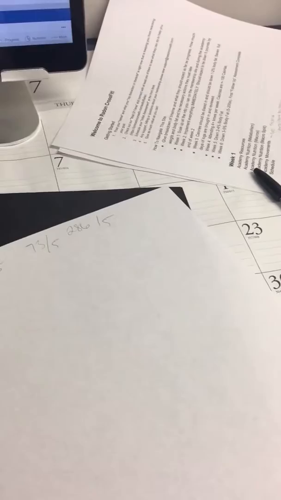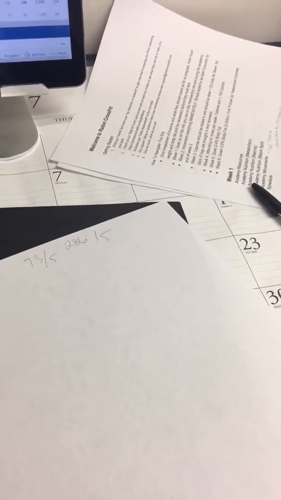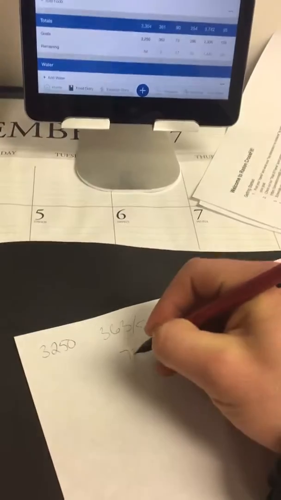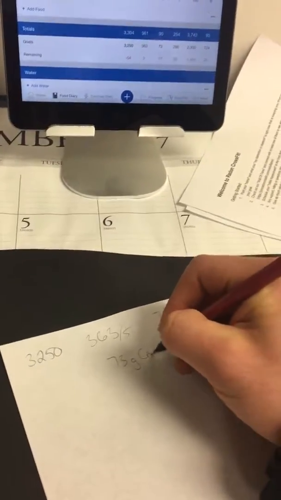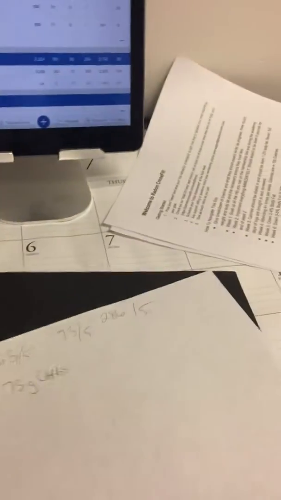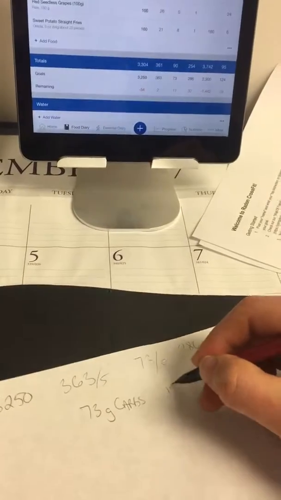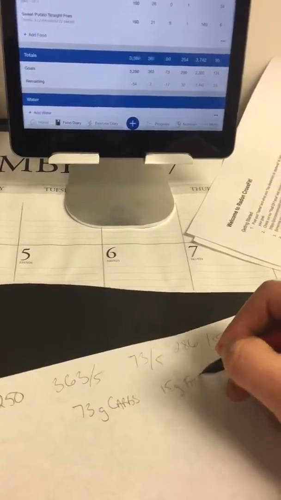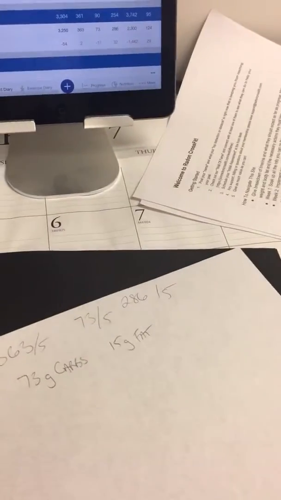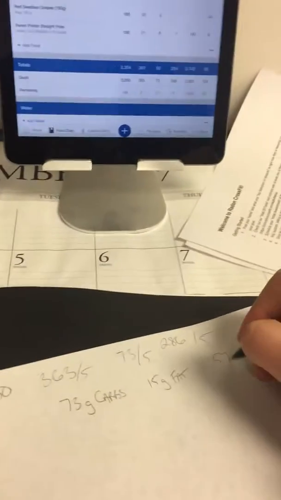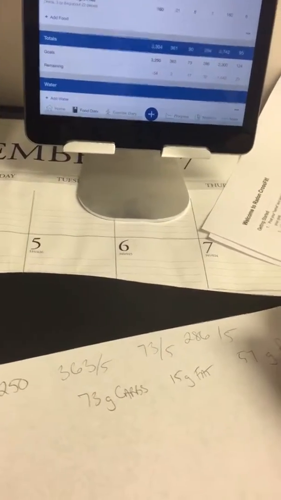So 363, go ahead and pull up a calculator. 363 divided by 5, gonna be 73 grams of carbs. Okay, 73 divided by 5, gonna be 15 grams of fat, and 286 divided by 5, gonna give me 57 grams of protein per meal.